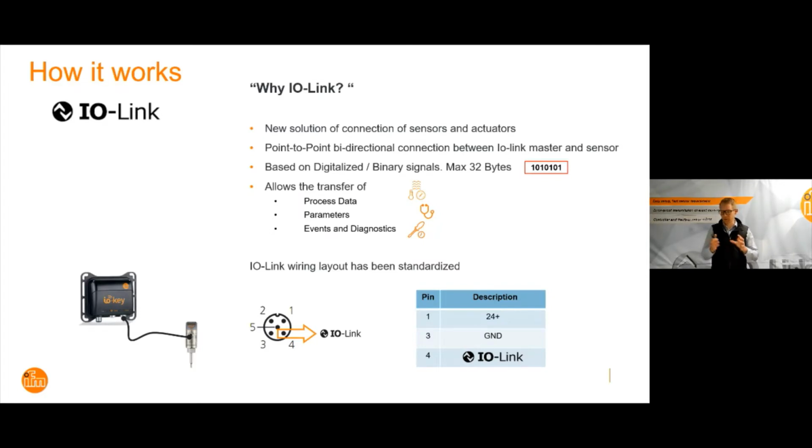There's no need for different types of cables between sensor and Ioke or the IO-Link port. You can always use the same type of standardized cable. So it makes life much easier. And if you are using a standardized cable, you don't need to change the wiring for any reason, like if you're doing, for example, analogs, where you have 2-wire or 3-wire, 4-wire type of analog combinations.